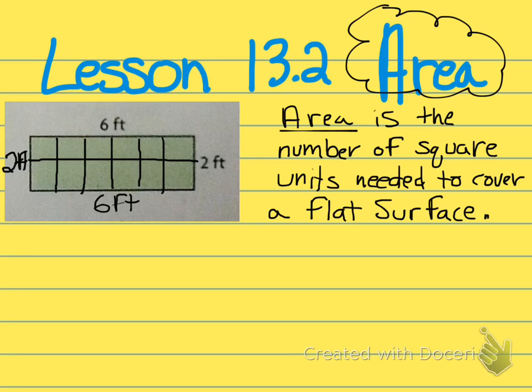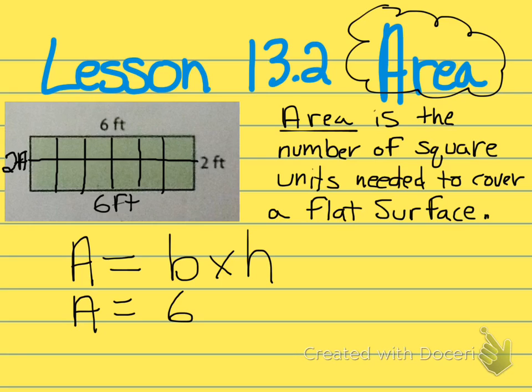Therefore, the formula for area, we say with a capital A, area equals the base times the height. We can put the base in for B and the height in for H, and we end up with 12 square units.